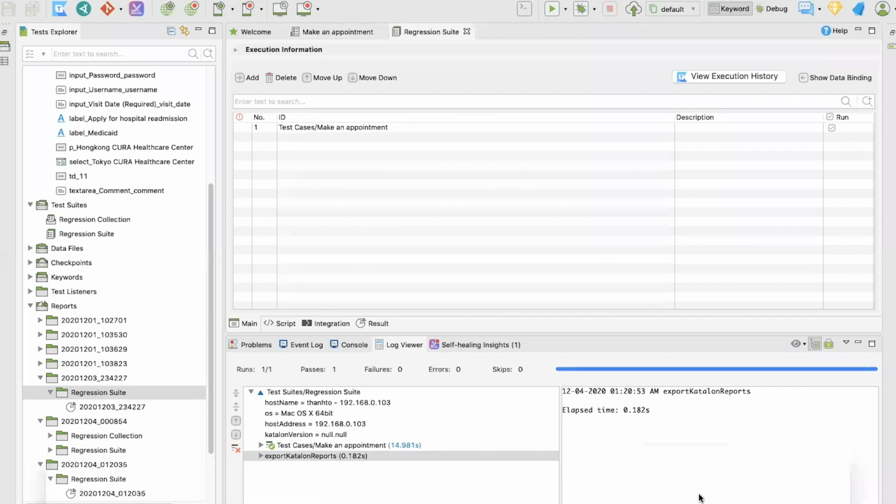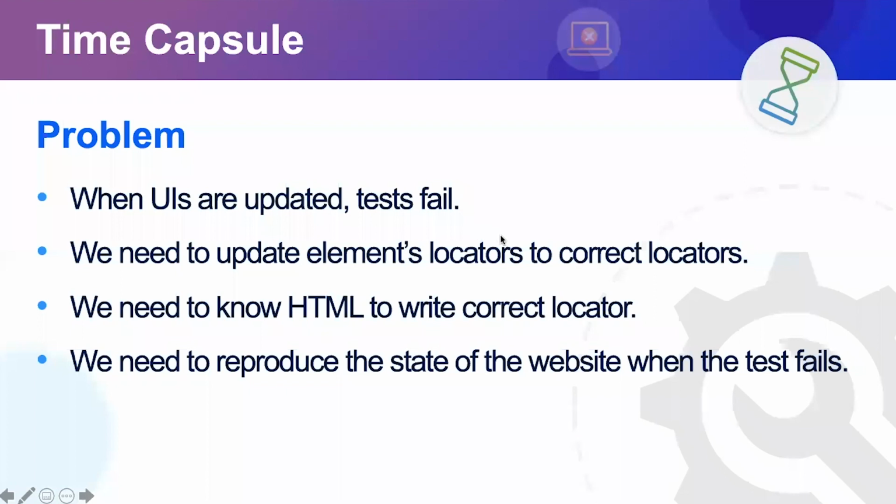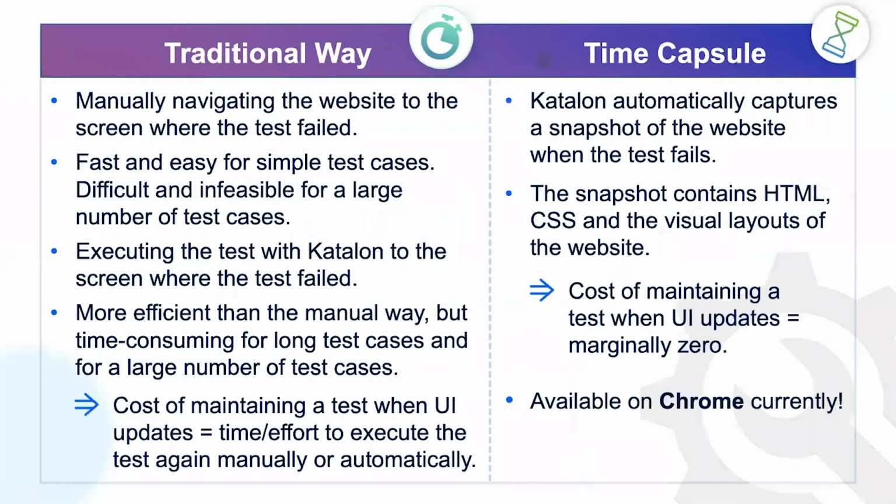To summarize, let me go back to this slide, which is a slide with more text. Like I said, the traditional way of reproducing the state of the application has many problems. You can do it manually, which is time consuming and difficult for big test cases.